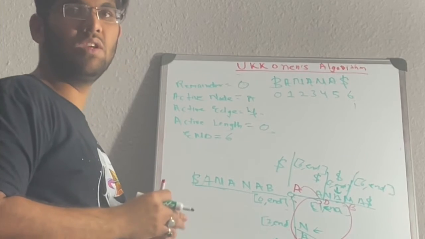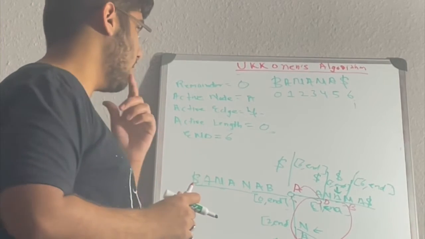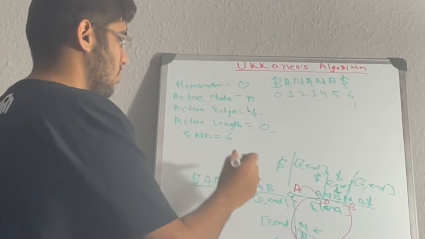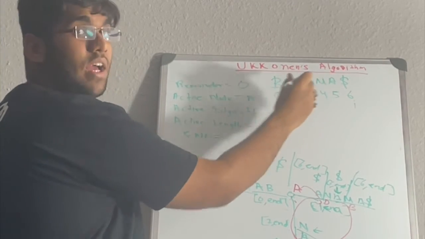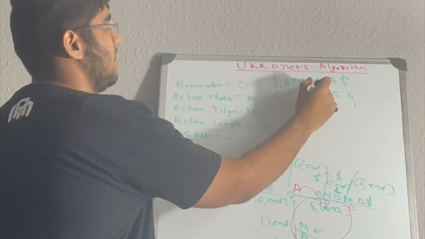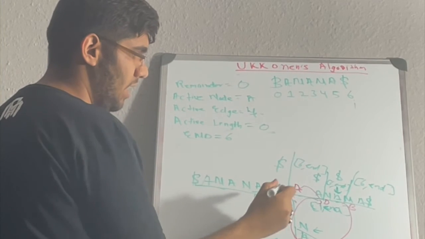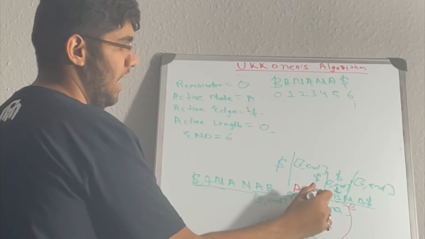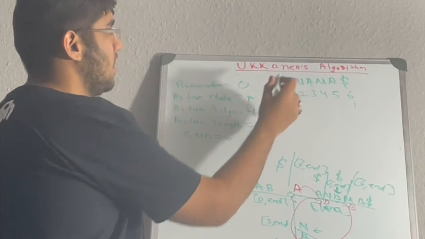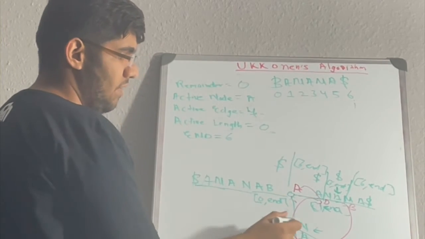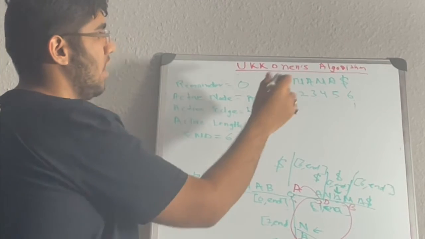So now we want to see whether we have all the suffixes or not. So we see B, A, N, A dollar. Yes, we have that. Now A, N, A dollar. We also have that. Now NA dollar. We also have that.